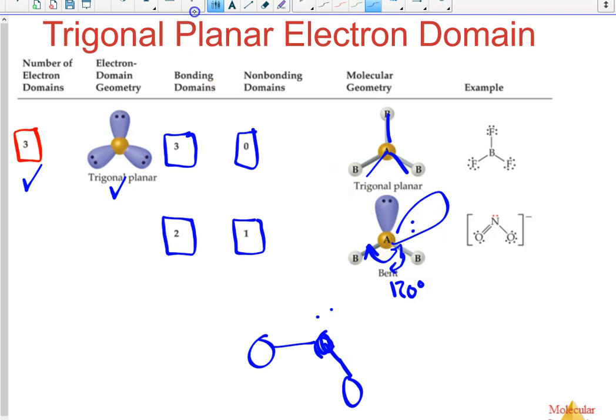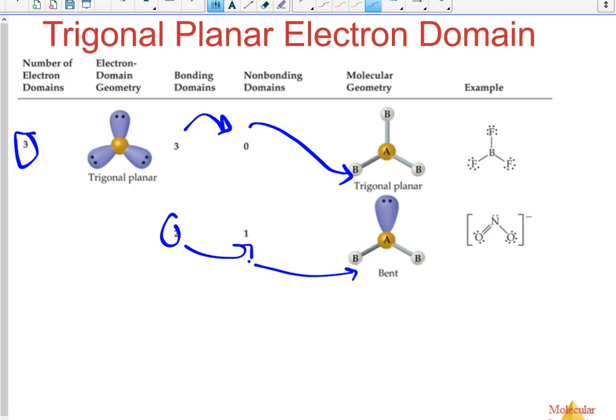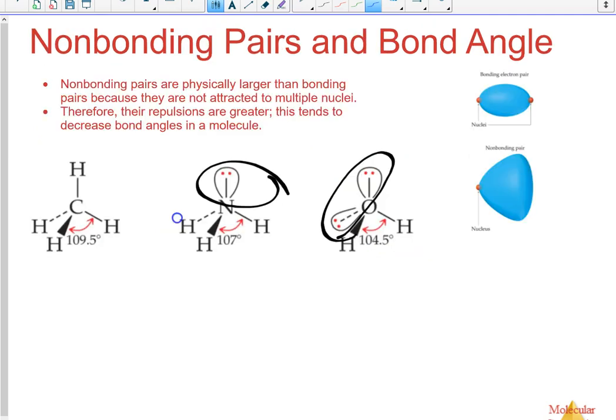And that came from tetrahedral, which is on the next slide. Okay? Well, we'll get there soon.